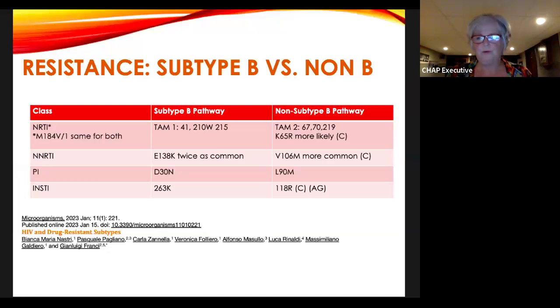In the last year alone, a third of new diagnoses in Canada were individuals from endemic countries. And remember, I told you, most endemic countries or resource poor settings are more likely to be a non-subtype B virus. We know that there's differences in how drugs behave in non-subtype B viruses, and we also know that resistance can develop a little differently in non-subtype B viruses versus subtype B viruses.